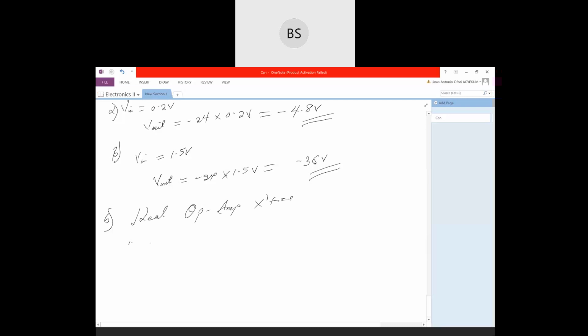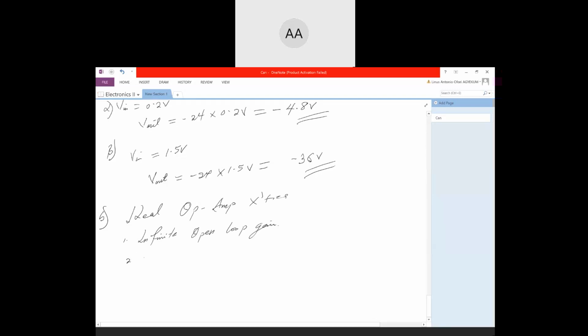So, ideal op amp characteristics. One, it has an infinite open loop gain.